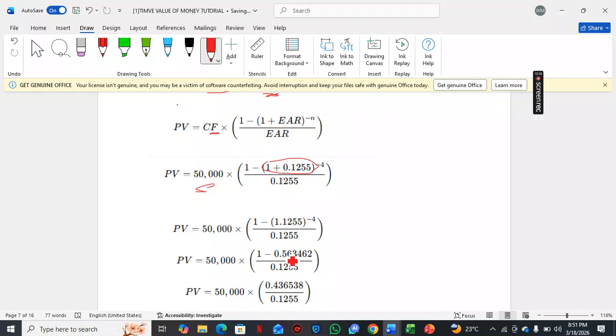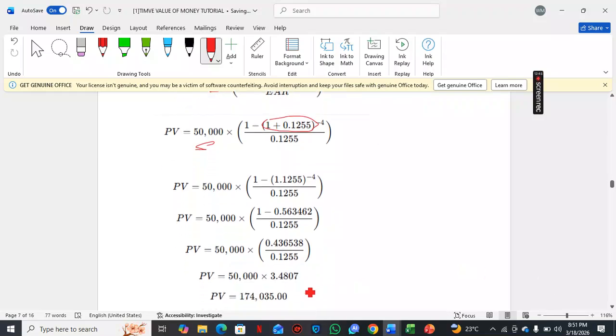So 1 minus 0.5634, you get 0.436538. Divided by 0.1255, you get 3.4807. Multiplied by 50,000, you get 174,085. That is the present value.